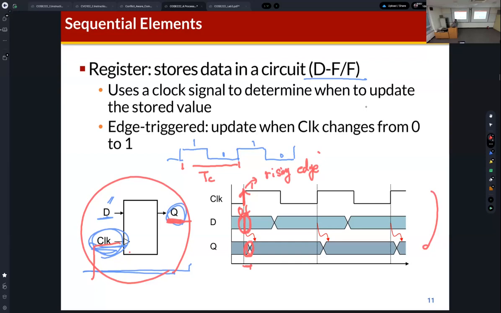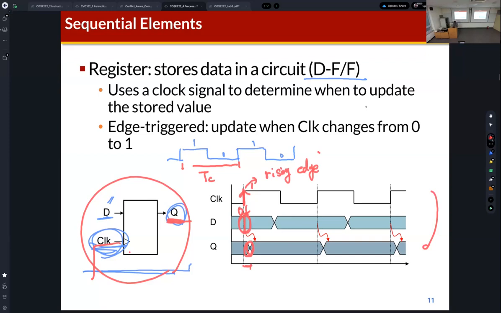But we can say that in the D flip-flop, the input D is sampled at the rising edge of the clock, and then this sampled value is reflected to output Q. So this is the behavior of D flip-flop.